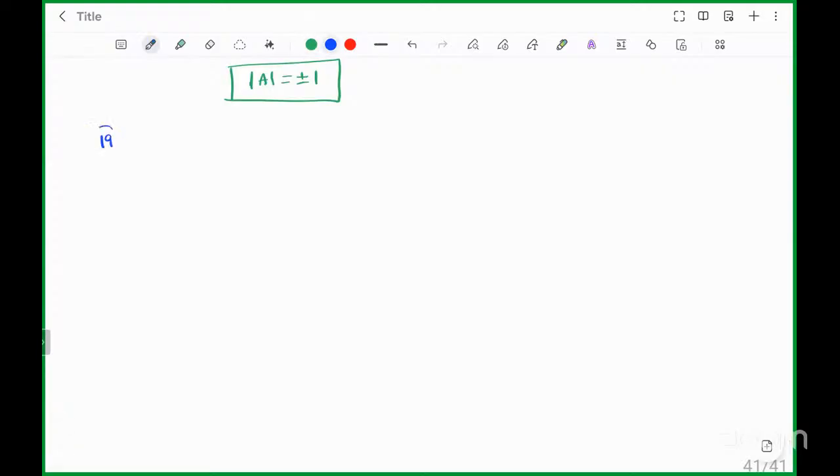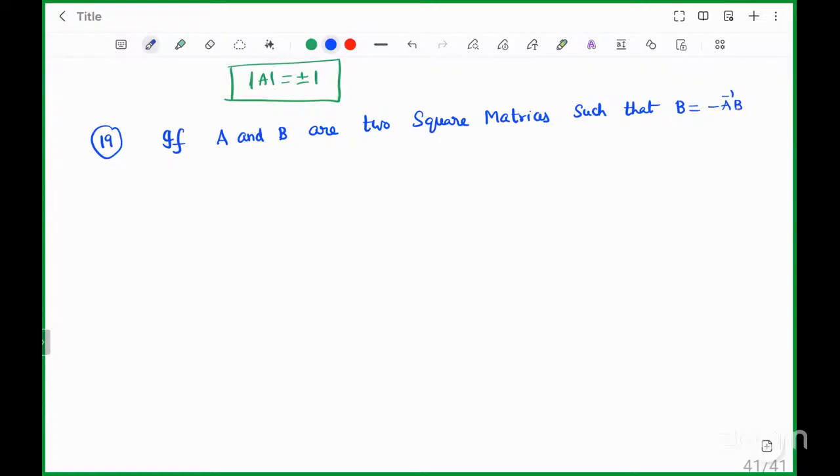If A and B are two square matrices such that B is equal to negative A inverse BA, then A plus B whole square.